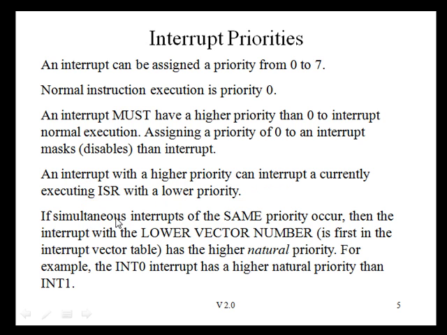When a PIC24 finishes executing an instruction, it checks to see if there are any interrupts pending. If there are multiple interrupts pending, these are called simultaneous interrupts. What happens if there are multiple interrupts pending of the same priority level? Which one gets recognized? It turns out that the interrupt with the lower vector number, that is, the one first in the interrupt vector table, gets recognized. It is said to have a higher natural priority.